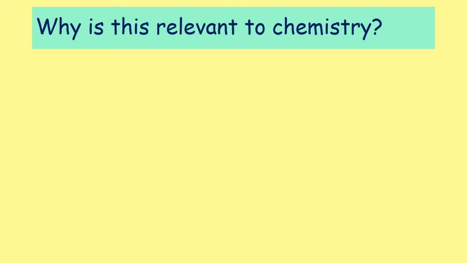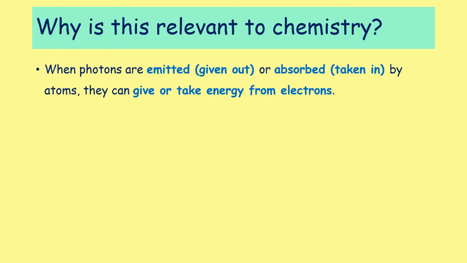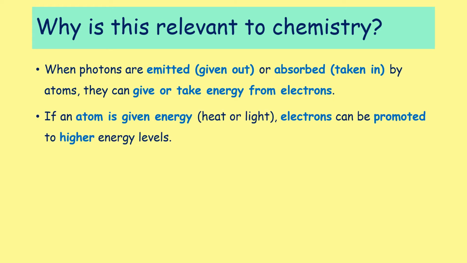And you're probably asking yourself, what's this got to do with chemistry? Well, whenever photons are emitted, given out, or absorbed by atoms, this energy is given or taken away from electrons. And electrons are responsible for all chemical reactions. If an atom is given energy in the form of heat or light, electrons can be promoted to higher energy levels.